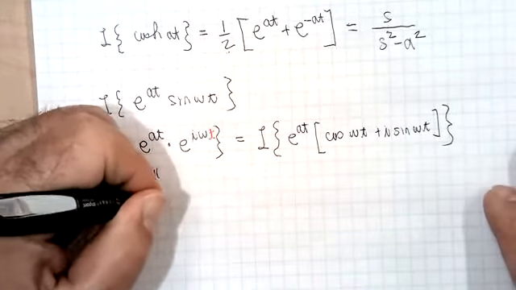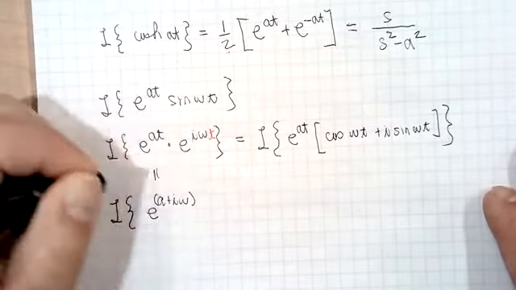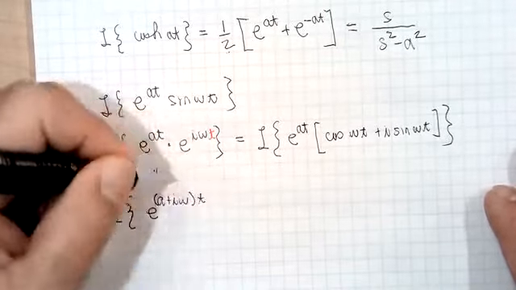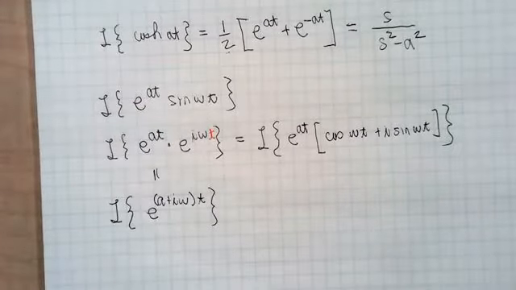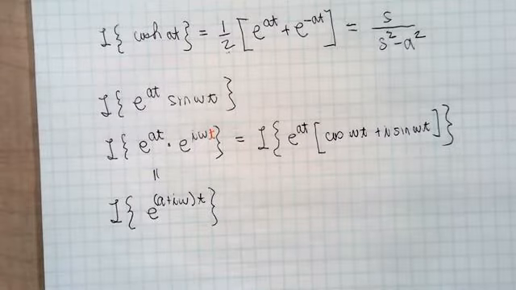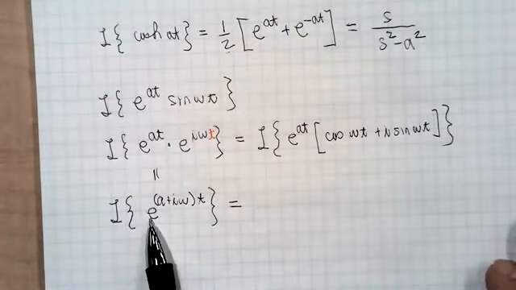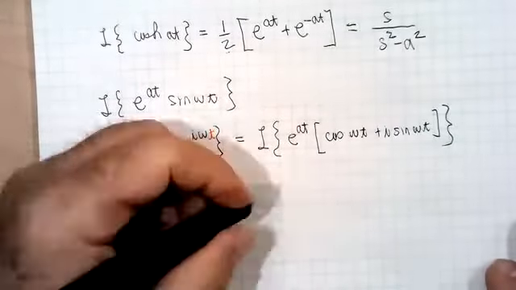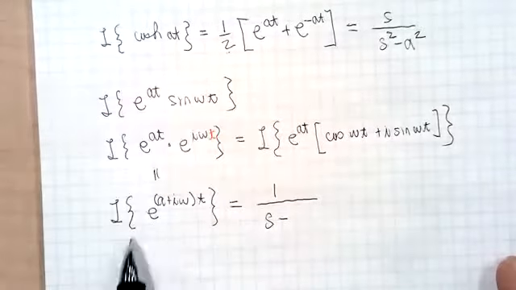E to the a plus I omega t. Well, we know how to transform e to the coefficient times t. It's 1 over s minus that coefficient.